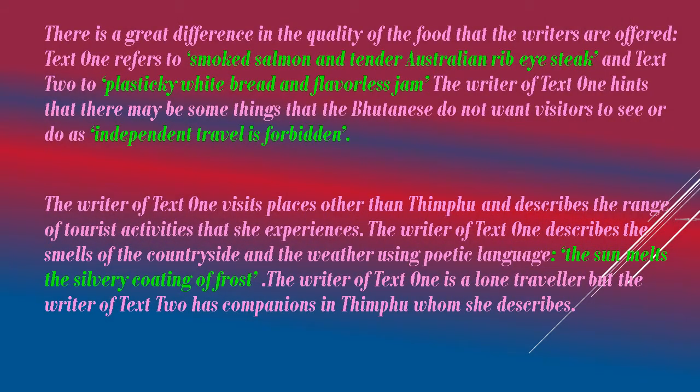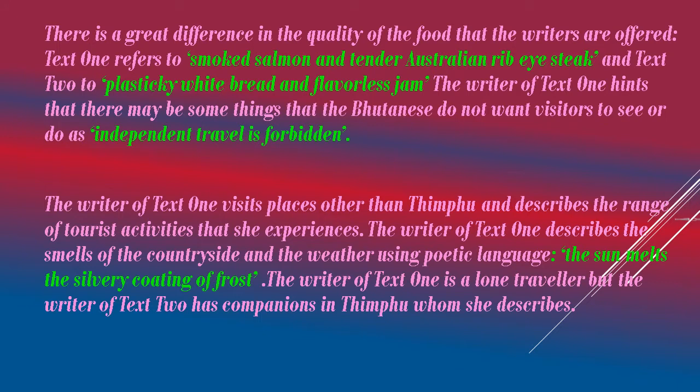There's also a great difference in the quality of the food that the writers are offered. Text 1 refers to smoked salmon and tender Australian rib eye steak, and text 2 to plasticky white bread and flavorless jam. The writer of text 1 hints that there may be some things that the Bhutanese do not want visitors to see or to do, as independent travel is forbidden.